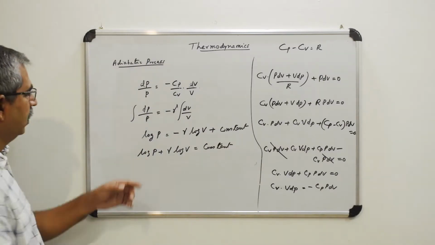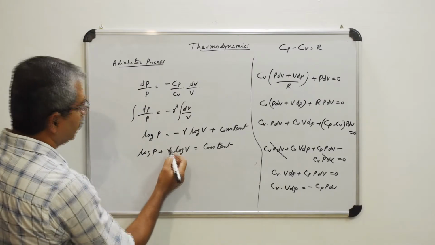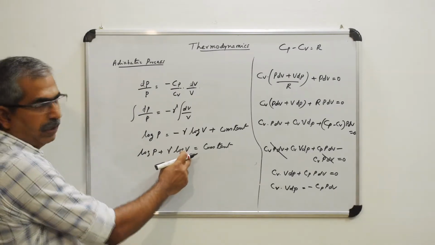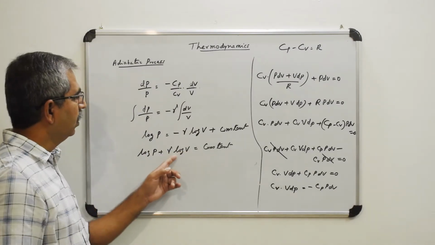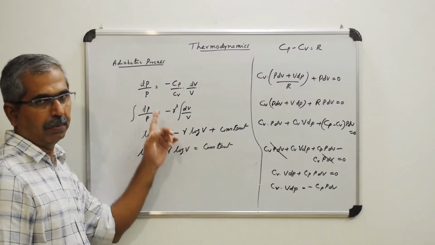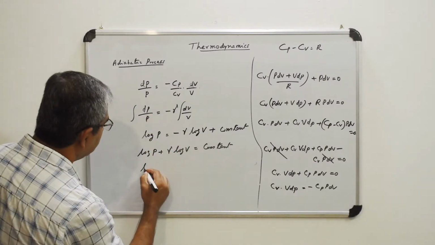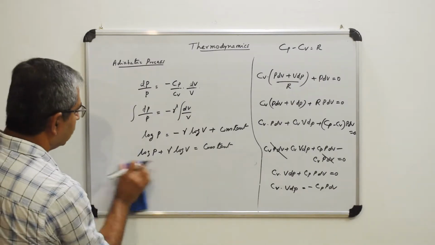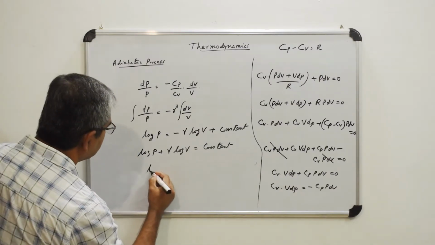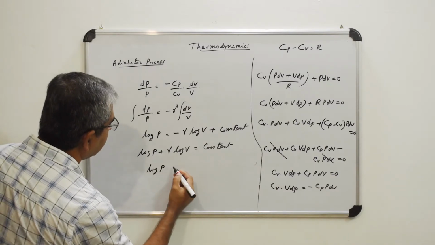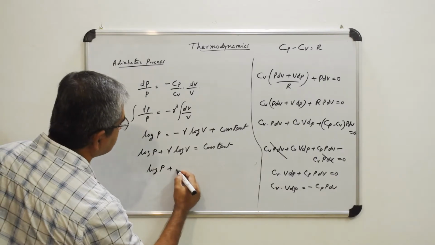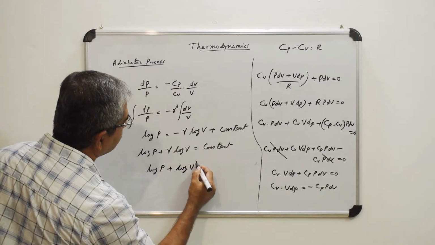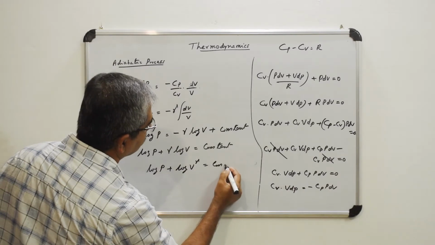Okay. Now you combine these two. Before that, this is gamma log V, that can be written as log V raised to gamma, isn't it? So this will be log P plus log V raised to gamma equal to a constant.